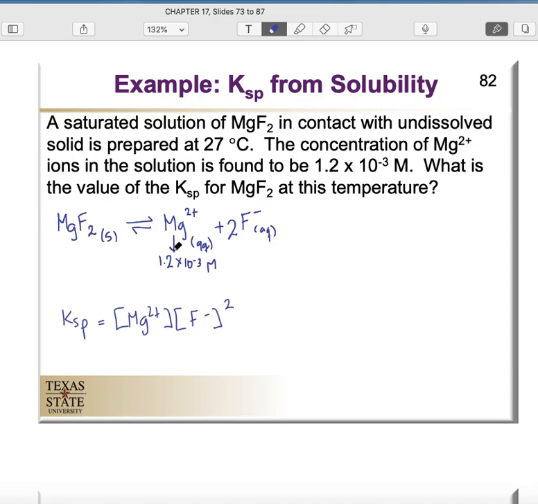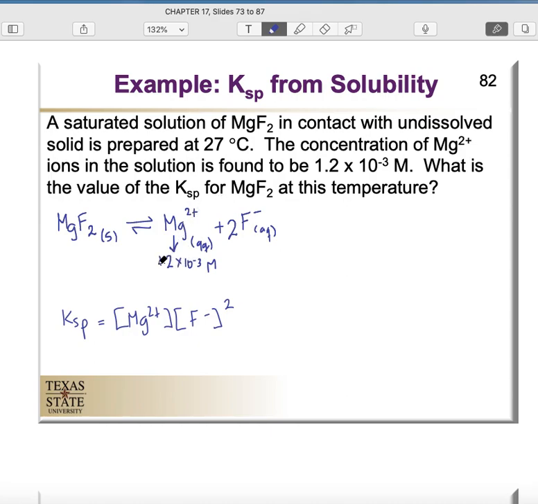To prepare this saturated solution, we took water and added magnesium fluoride to it. So the only source of magnesium ions and the only source of fluoride ions was the starting magnesium fluoride. And for every 1 magnesium ion that I make, 2 fluoride ions.